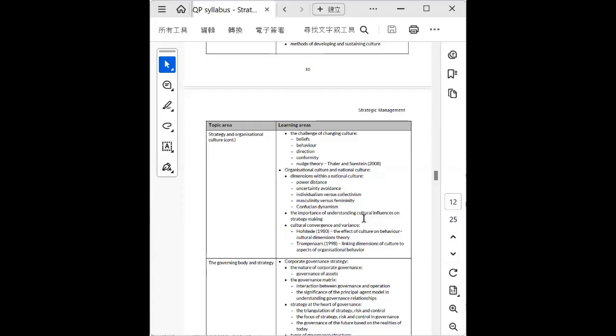You have to look at the type of company. For example, if it's a traditional manufacturing company, maybe an employee will believe that quality comes from strict control and hierarchy. So that is the belief. They think that you must have strict control and hierarchy.